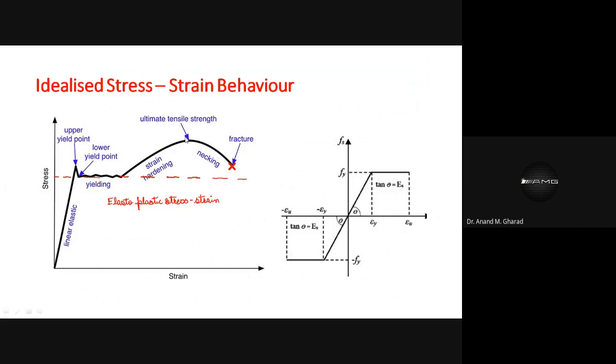What the scientists have done is they have considered this zone, which we call the plastic zone. Why plastic zone? Because even if we remove the load applied to the specimen or the material, the strain or the elongation continues to remain the same without going back to its original shape.